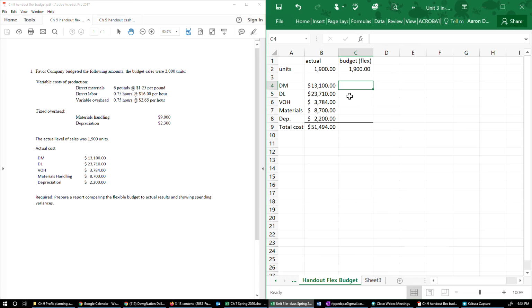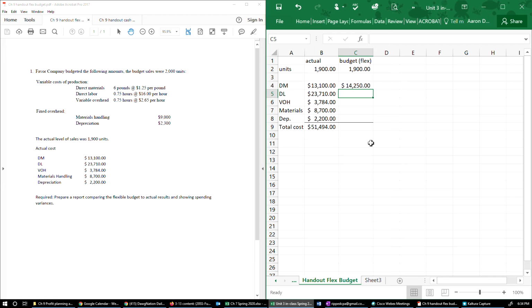All right, so in other words, the 6 pounds per unit times $1.25 over 1,900 units.